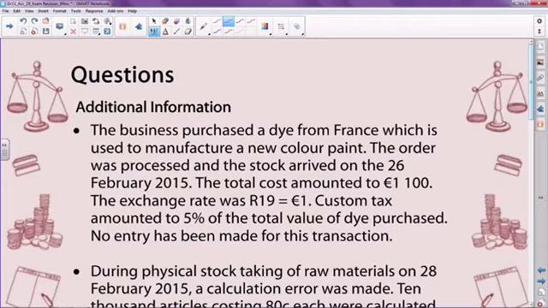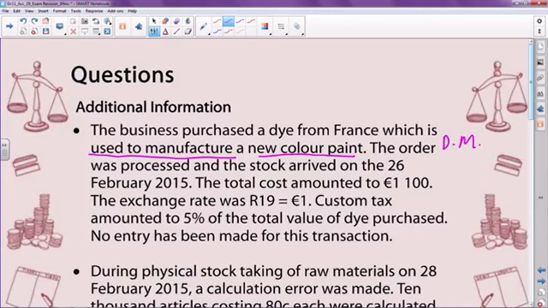So the first one, the business purchased a dye from France, which is used to manufacture a new color paint. So immediately, guys, this adjustment, I'm not going to read further, but this particular adjustment is going to impact on my direct materials.